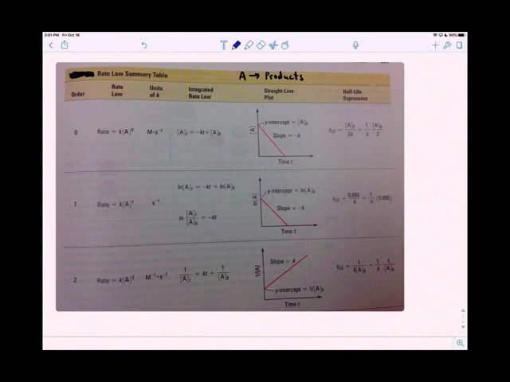Plotting natural log of concentration versus time gives you a negative slope. And for second order, the rate law is inverse of concentration equals kt plus the inverse of the initial concentration, which gives you a positive slope. So if you plot inverse of concentration versus time, you get a positive slope.